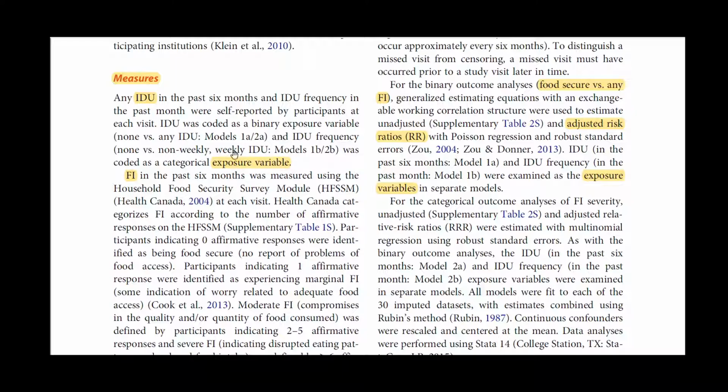And this is our exposure variable. You can also see here that we looked at injection drug use frequency, which is essentially just another way of coding the exposure variable. It's another form in which we can look at the exposure or the behavior of injection drug use. However, I won't focus on this second coded version in this discussion.